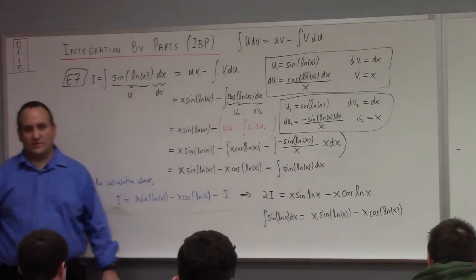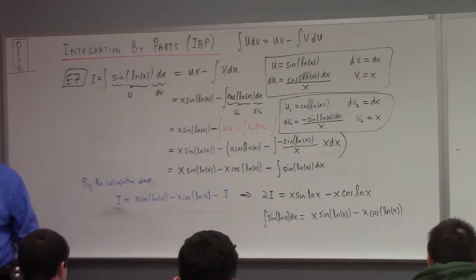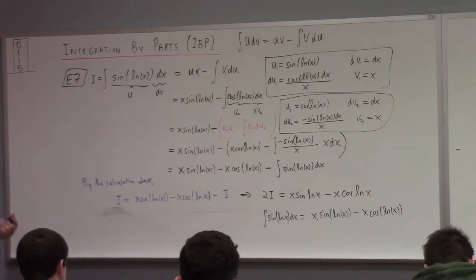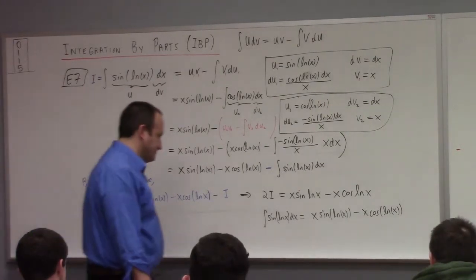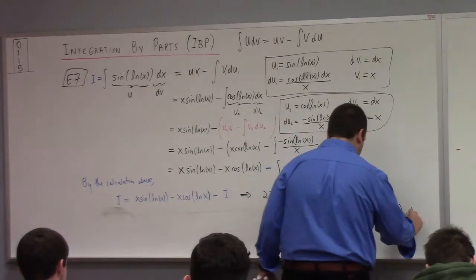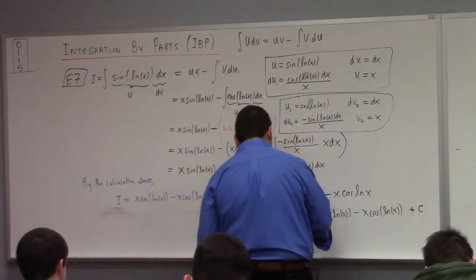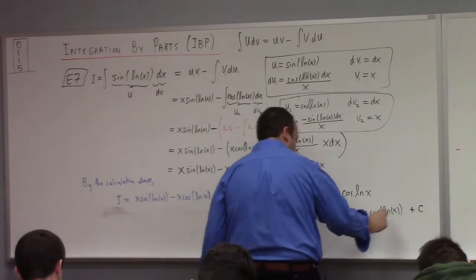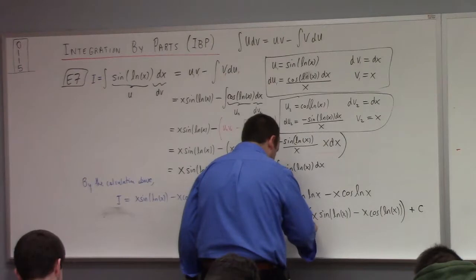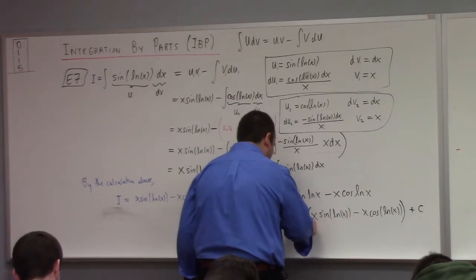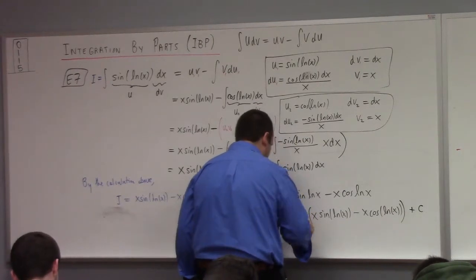And then what should we do, because we're calculating an indefinite integral? Plus c, right. Oh, yeah, I can't do math. I go through all that only to not divide by 2. Good job. All right, anyway, there it is.